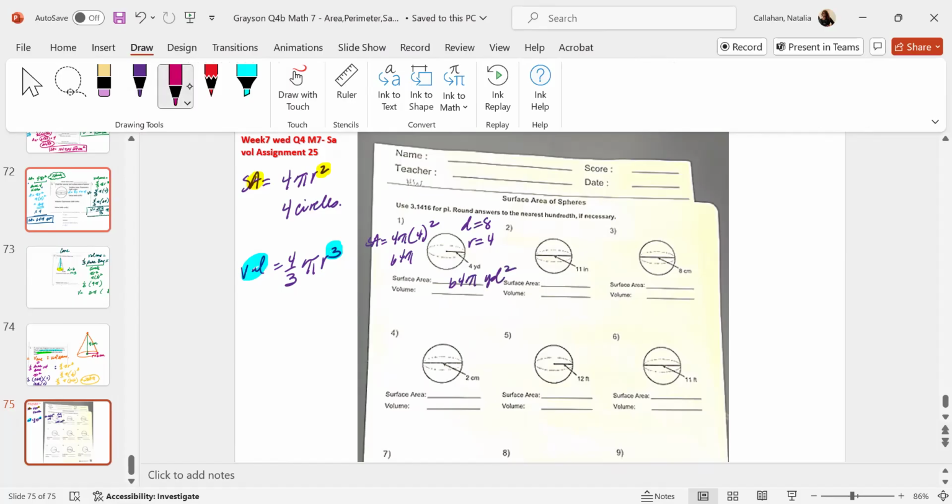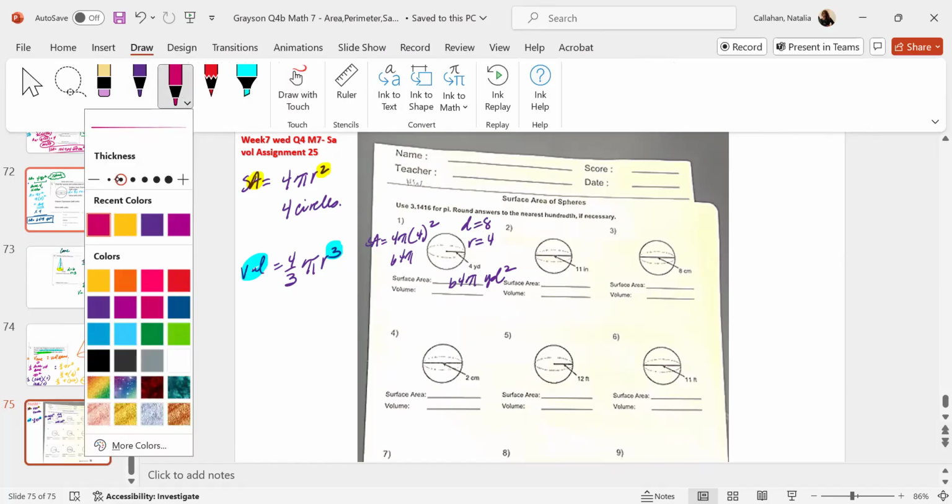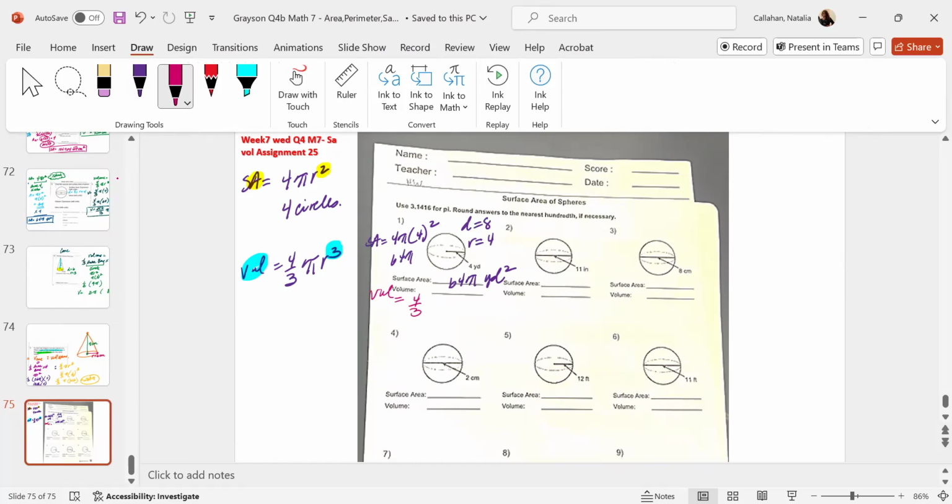So what do you have? Why don't you have that? I did it wrong. Okay, well, don't just sit there. Fix it, please. This is not even difficult. I don't understand how you're getting this part wrong.